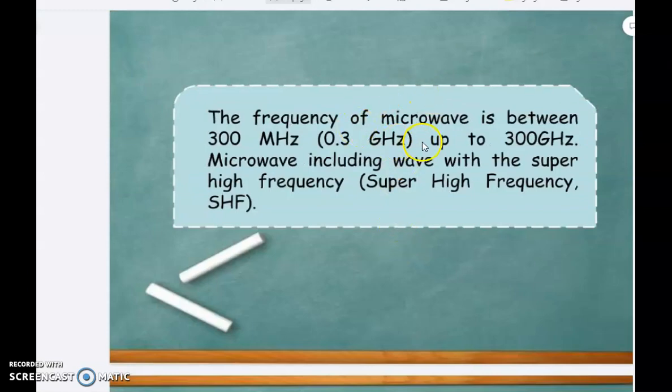The frequency of microwaves is between 300 megahertz, that is 0.3 gigahertz, up to 300 gigahertz. So microwaves, including waves with super high frequency, are included in this range. And let's see how that goes as we go through this.